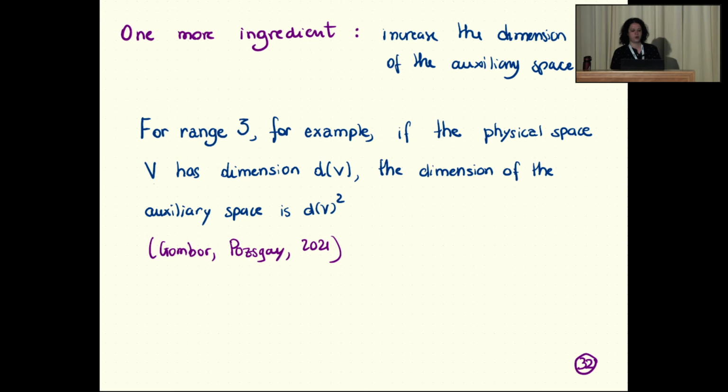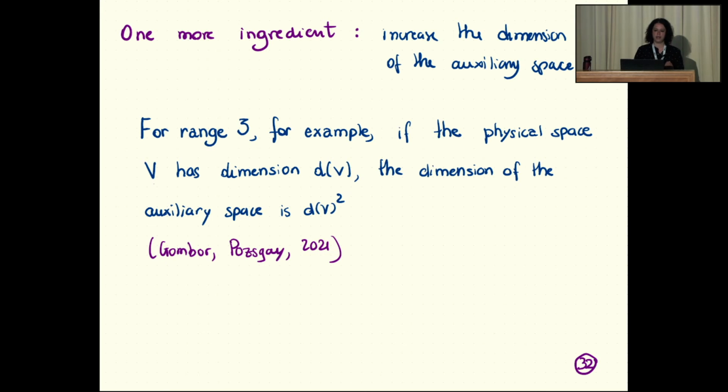So to do this, we need one more ingredient. Last year, Tamás and Balázs put out a very nice paper, which Tamás explained this morning as well, with these medium range spin chains.